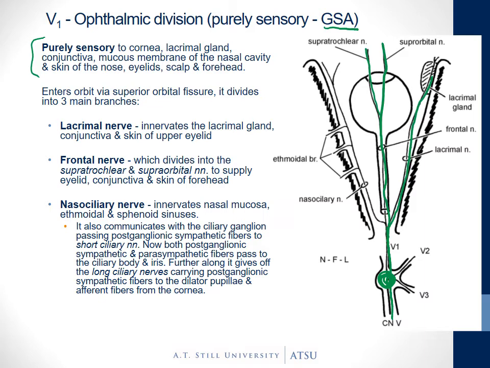The last branch of V1 is the nasociliary. It's going to ride in the medial aspect of the orbit. And as it emerges out, it will go to the superior external aspect of the nose. But as it's traveling along that medial wall of the orbit, there are small foramen, and the nasociliary is going to branch and drop down through to enter into the nasal cavity.